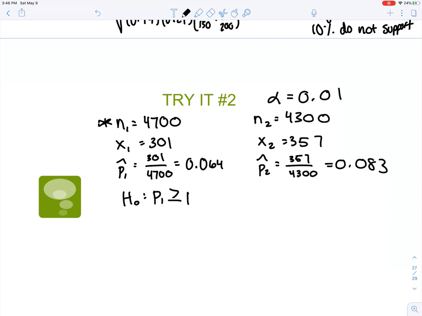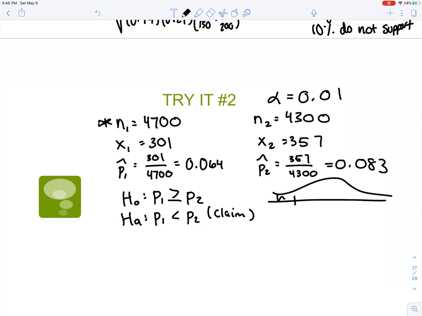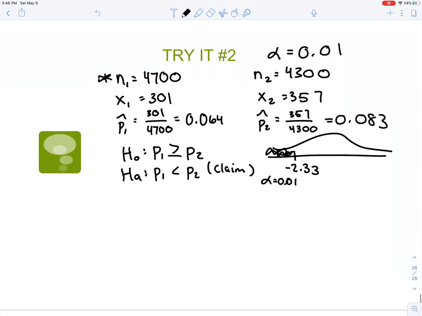So H sub 0 would be here, H sub A means that it's lower. This would be my claim. Therefore, it is left-tailed, because it's pointing to the left. So I'd look at this in the back of the book to find my z is negative 2.33.